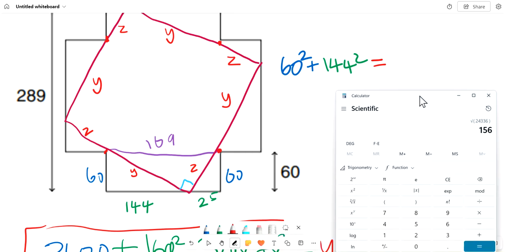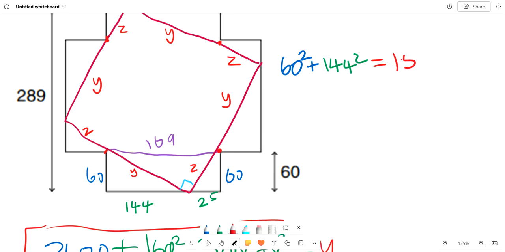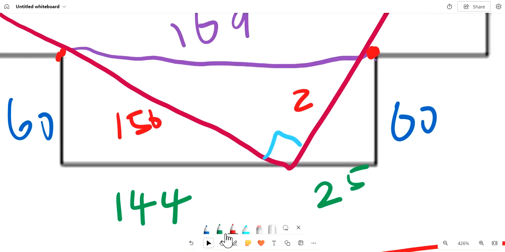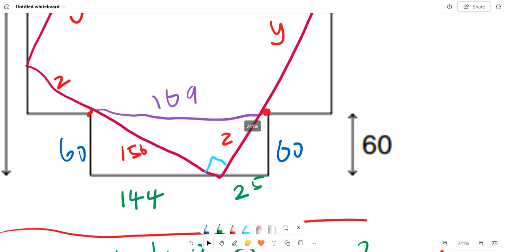I'm just doing it to make this video clearer. So that equals 156 squared, and so y is equal to 156. Of course, if you made this side 25 and this side 144, then z would be 156 instead of y.